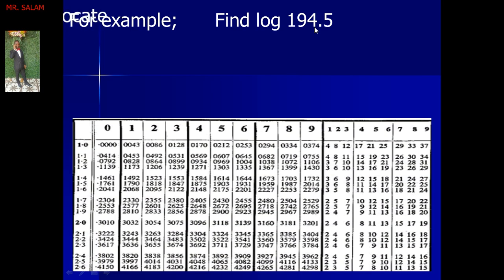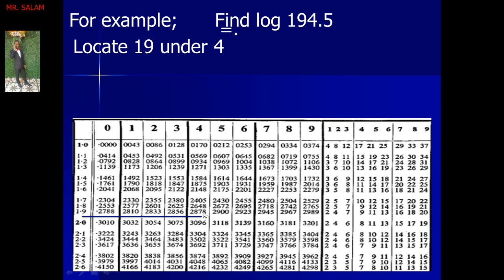So first, you look at your 4-figure table here. Then locate the first 2 digits, which is 19, under the next digit, under 4, in your 4-figure table. So look at 19 under 4. The number is 2878. So I'm going to write it somewhere. I'm writing 0.2878.